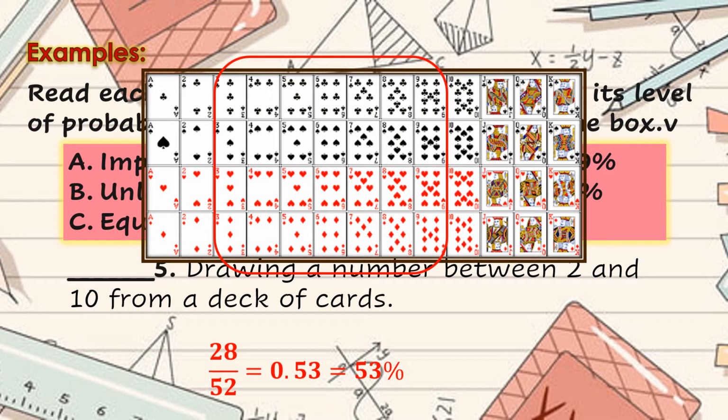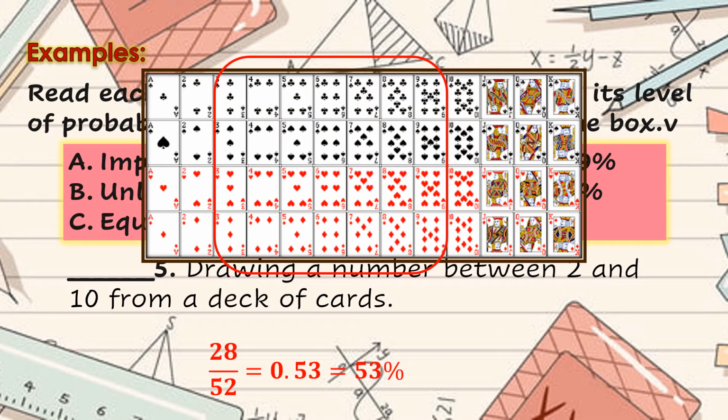Again, paano nakuha yung 28? Ito po yung dami ng cards na pasok sa ating event na between 2 and 10. Okay, so from 3 to 9. 52 is the total number of cards in a deck of cards. Okay? Therefore, simplifying it, 28 divided by 52 is 0.53.